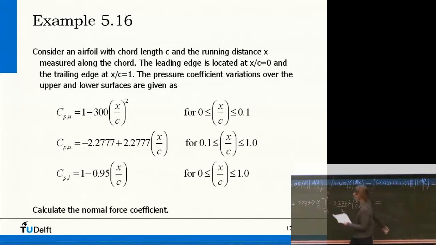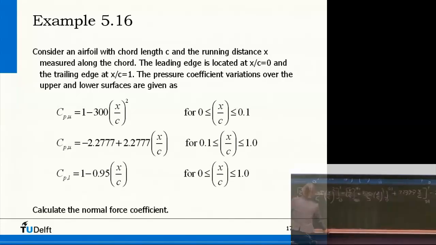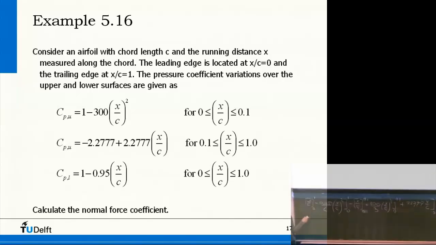Now, quickly evaluate them. So x over c, 1 minus 0, so that's 1 minus, it's again 0 and 0, so we only keep the 1, so minus 0.95 over 2, 475, minus 0.1 minus 0, plus 300 over 3.